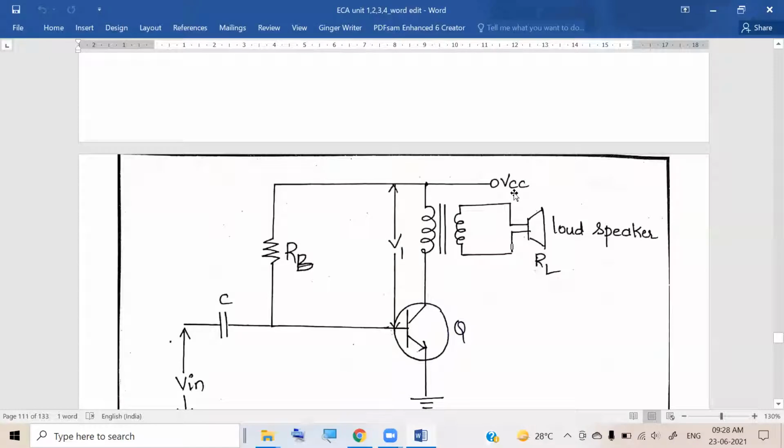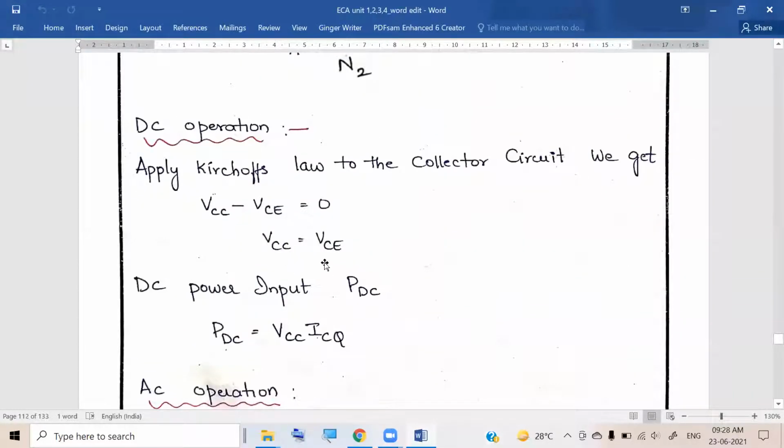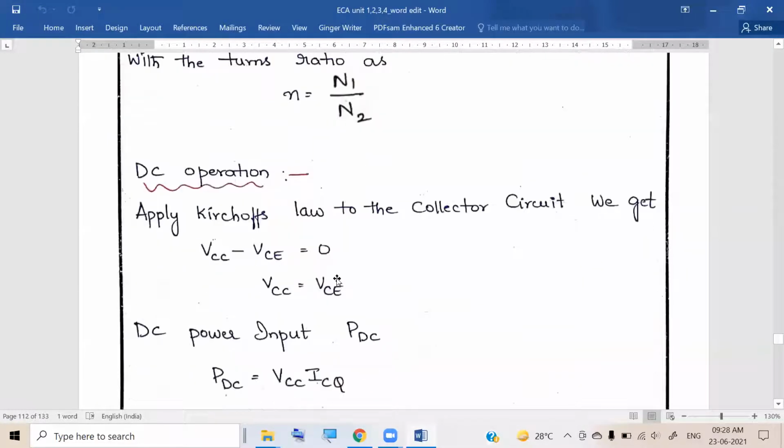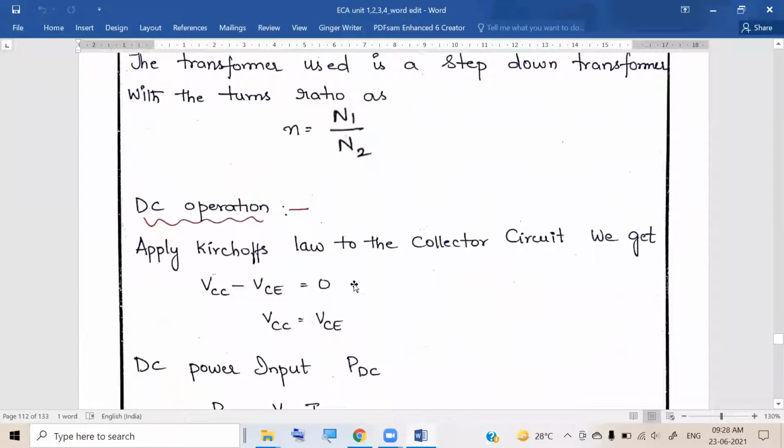Means VCC will be equal to VCE. Right? So we now got the relation between VCC and VCE.